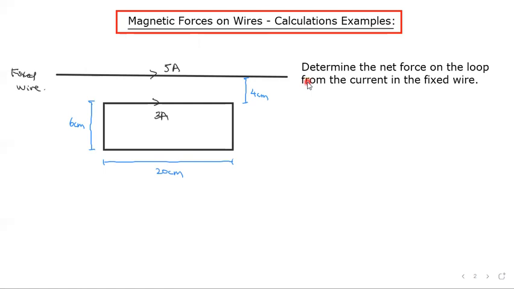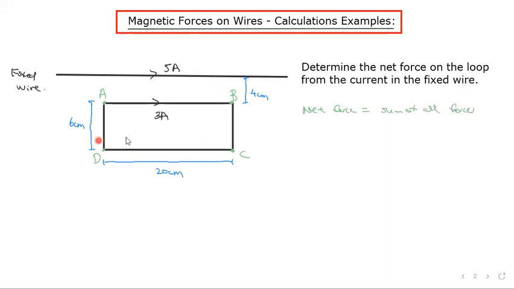Now, for us to deal with this question properly and be able to talk about it more easily, let's label this loop ABCD. When we are trying to determine the net force on the loop, what that really means is that the net force is going to equal the sum of all forces.